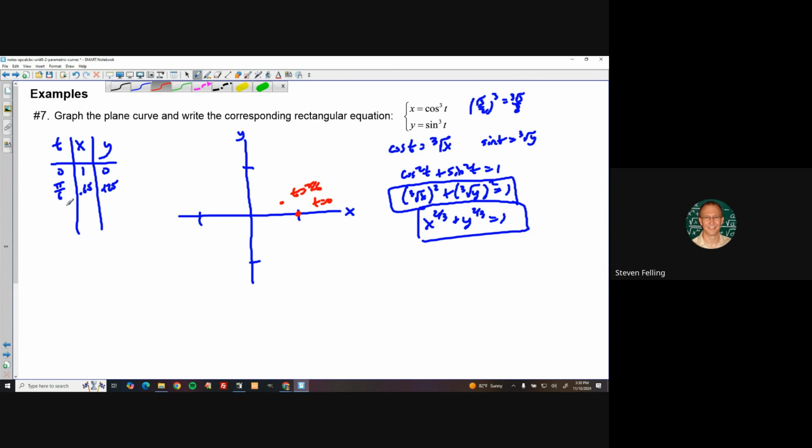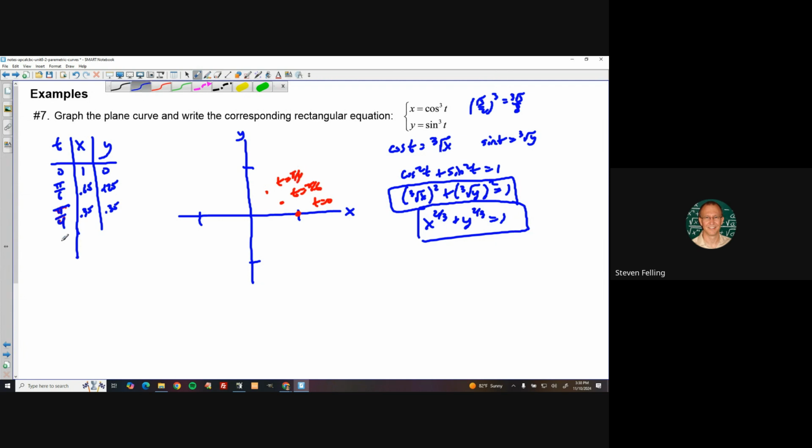Okay, and if I were to do pi over 4, same color scheme, pi over 4. Cosine of pi over 4 is the square root of 2 over 2. Cosine pi over 4, and then if I cube that number, I get 0.35. If I take sine, it's actually the same, so 0.35, 0.35 would be roughly here when t is pi over 4.